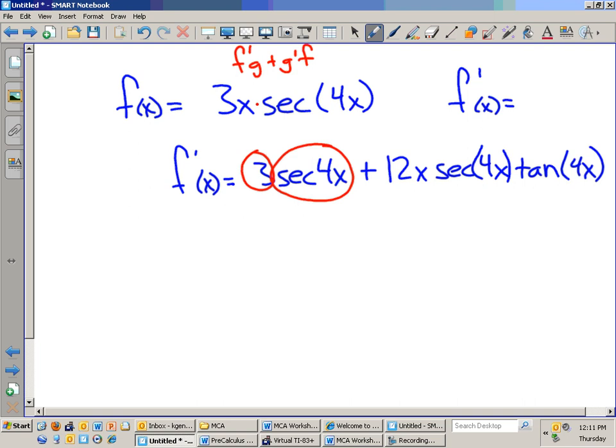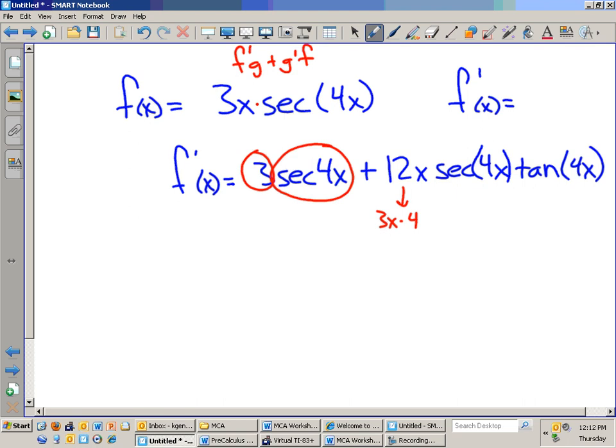Plus, now f left alone is 3x, right? So 12x, so I have this 3x here, times g prime, which is the derivative of secant of 4x.